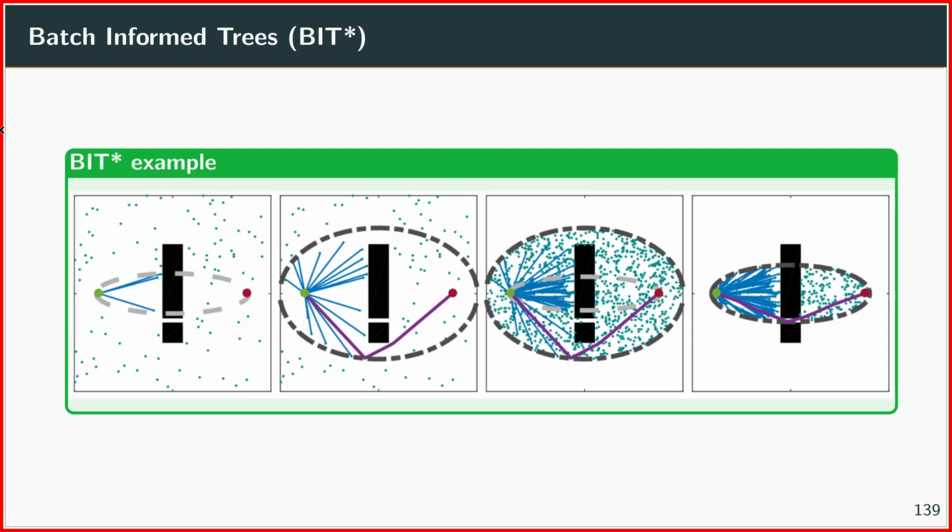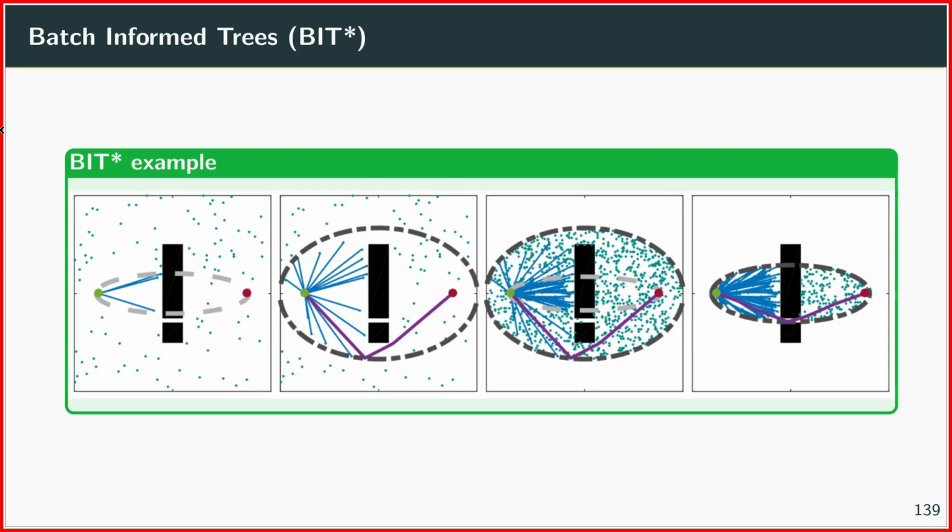Because you need first a solution, right? And so the solution would be just something which tries to go out of the spiral. So the solution cost would be a lot larger if you have the spiral solution cost. And the ellipsoid would only shrink if you actually improve your solution cost. But imagine if in the image on the right there was a spiral where it goes through when it comes through the bottom, but actually it would have been easier to go over the top.